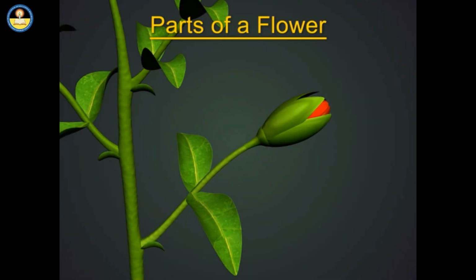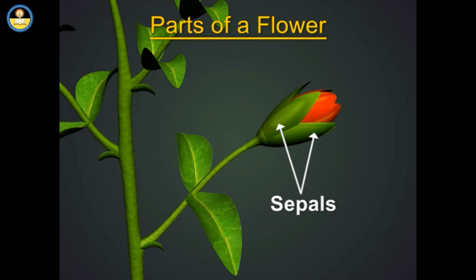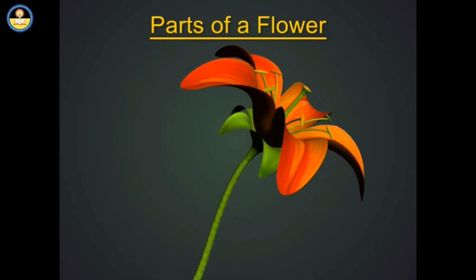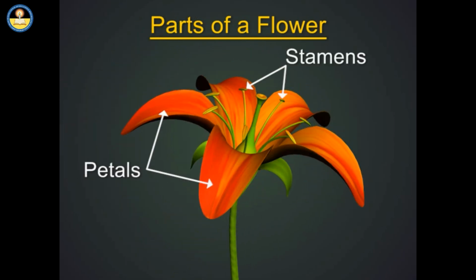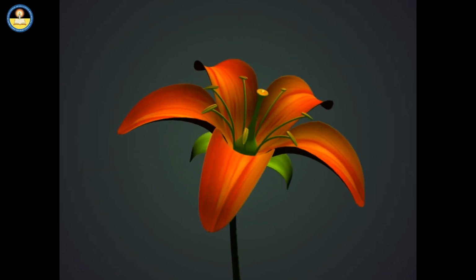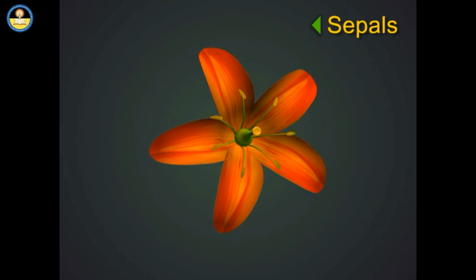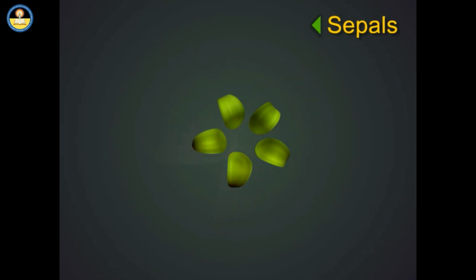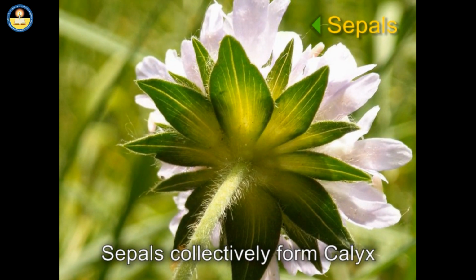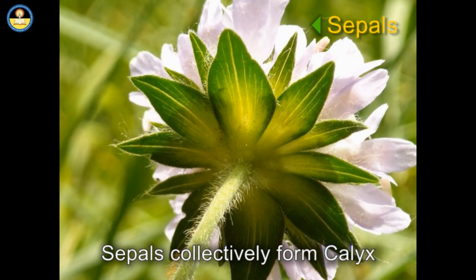A flower has four main parts: sepals, petals, stamens, and carpels. Sepals form the outermost whorl, which is often green in color. Sepals collectively form calyx.